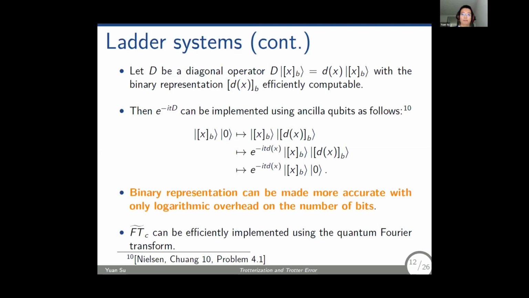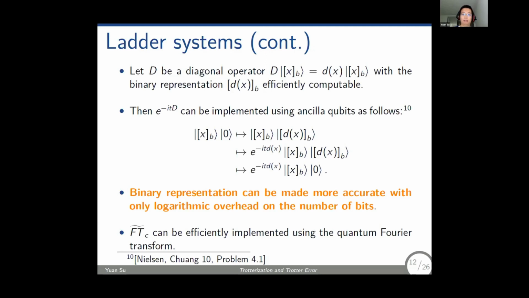Okay, so I'm a little bit sloppy here because, in reality, these diagonal elements could be arbitrary real numbers. So you don't have a finite binary representation when you construct the quantum circuit. But that's not a serious problem because you can actually make the binary representation more accurate with only logarithmic overhead on the number of bits.